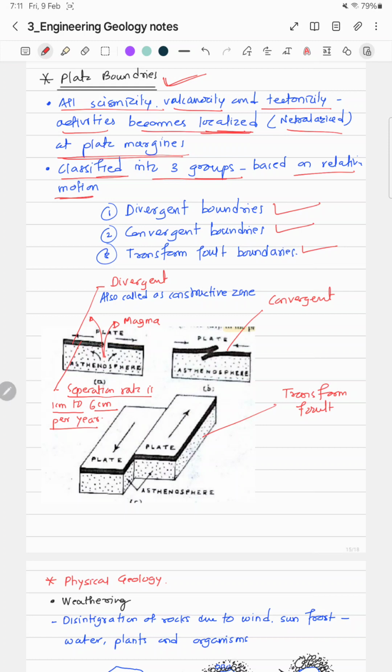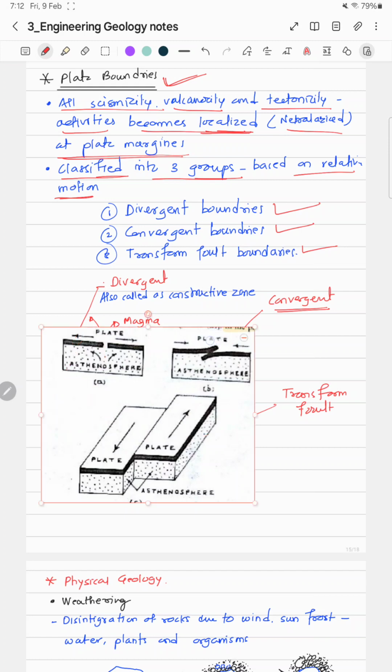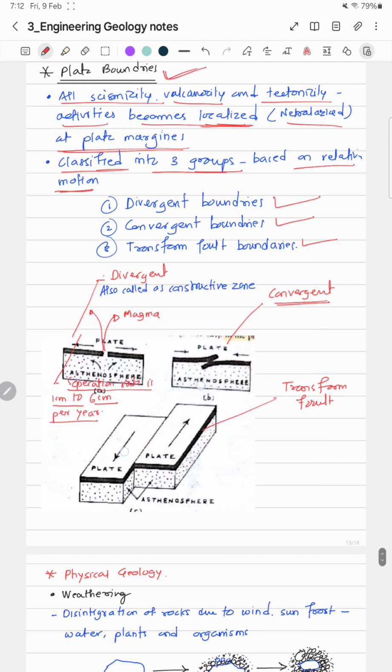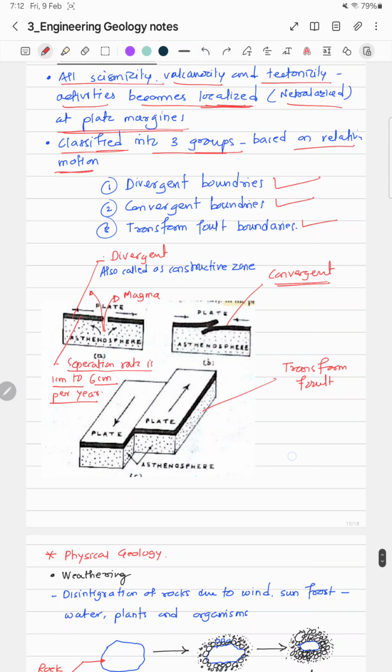If plates meet each other, there is convergence, and this comes under convergent boundaries. And when plates shift laterally from one place to another, this is called a transform fault boundary.